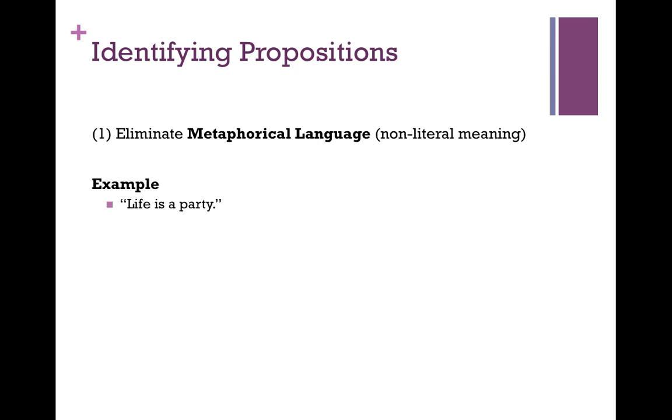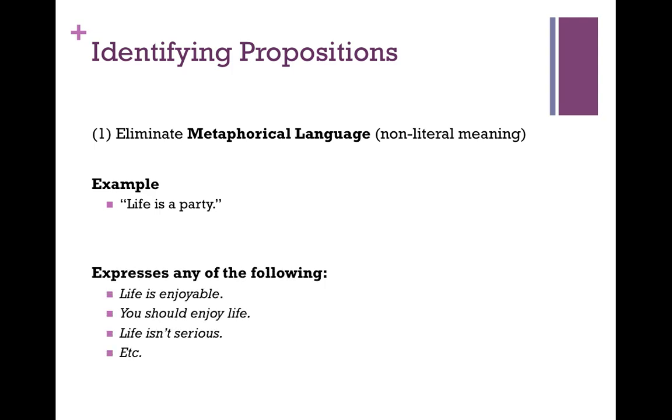I'll just give you one example. Someone says life is a party. What exactly are they saying? Or like Shakespeare, all the world is a stage. That's a metaphorical way of speaking. But we're going to focus on this example: life is a party. What exactly is this person saying? Seriously, what is the proposition that they're trying to communicate? The reality is there are any number of propositions that this may express.